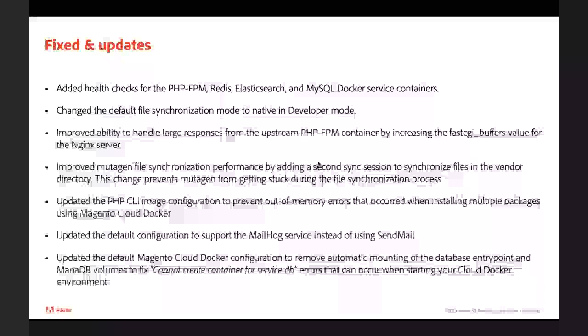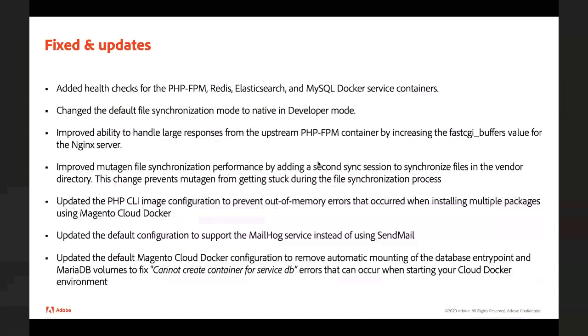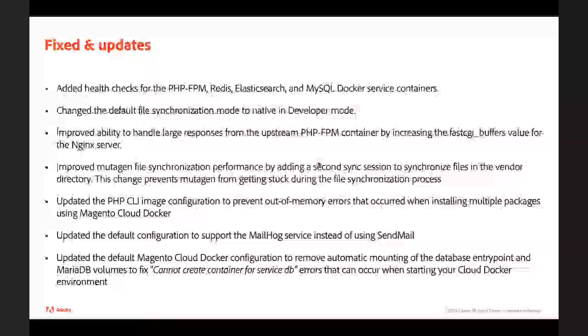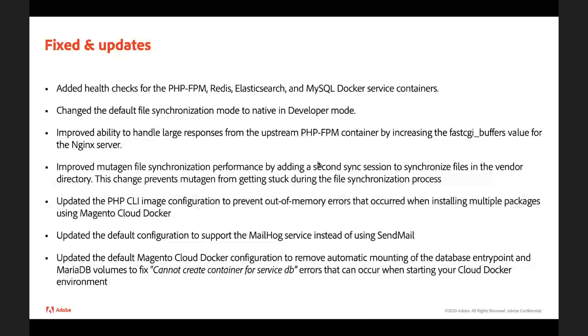Also, we have a bunch of fixes and updates, like we added health checks for a lot of containers. Now synchronization mode is native for developer mode. We increased the fastcgi buffer value for the Nginx server, and added a second mutagen sync session to synchronize files in the vendor directory. We updated the PHP CLI image configuration to prevent out-of-memory errors, and updated default configuration to support the mailhog service instead of sendmail. We updated default configuration to remove automatic mounting of the database entry point.